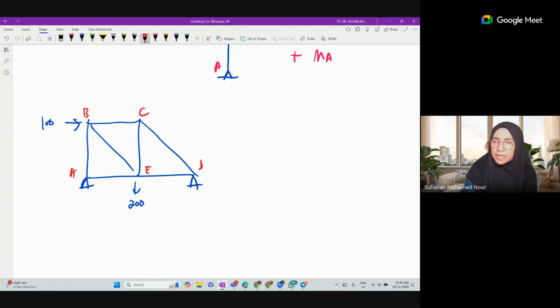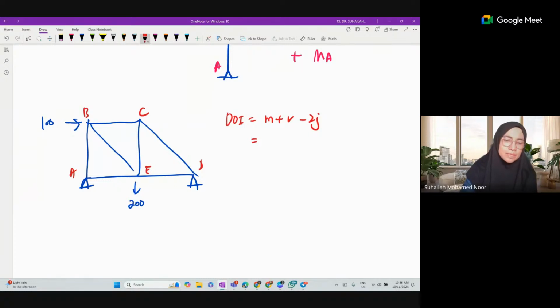We check for the degree of indeterminacy, and of course for a truss we use another formula: M plus R minus 2J, because in a truss we can have internal indeterminacy. For this truss, M is 7, counting 1, 2, 3, 4, 5, 6, 7.